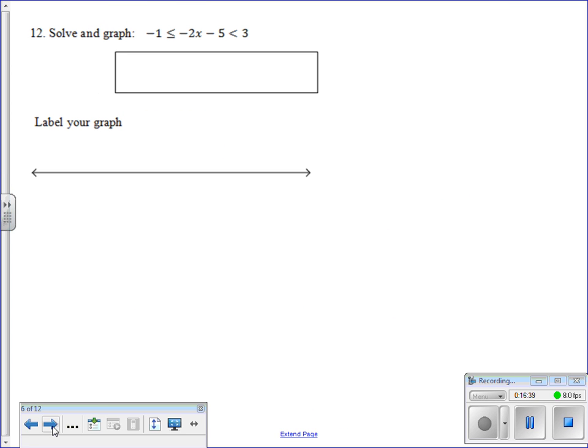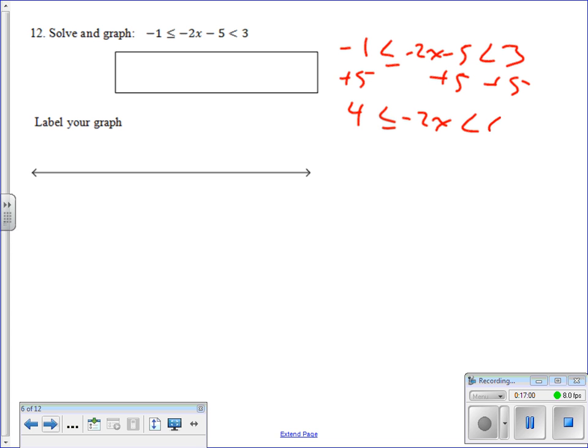Solve and graph. Not a lot of room here. No big deal. Negative 1 less than or equal to negative 2x minus 5 is less than 3. First step, add 5 across the board. And I get 4 less than or equal to negative 2x, which is less than 8. And divide everything by negative 2.